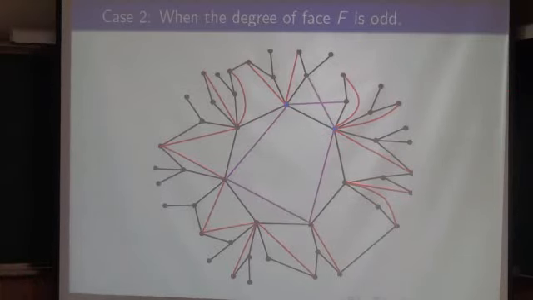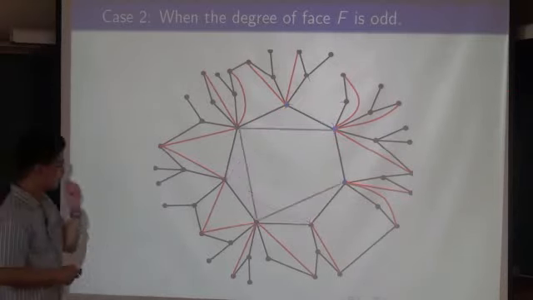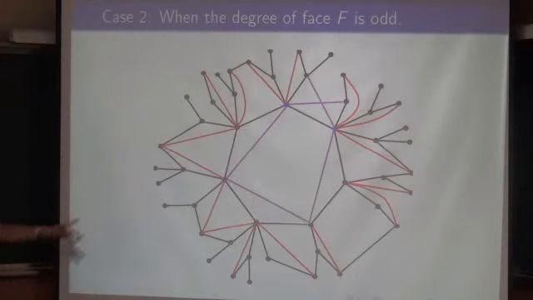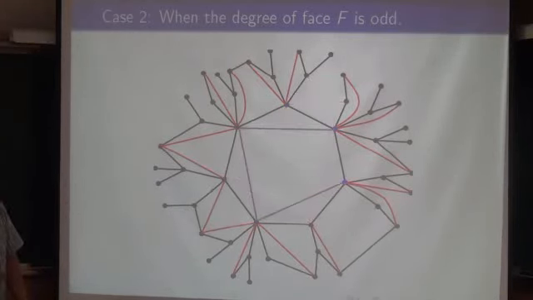Then we change the shape of red edges inside of F like this. From here, like this. So we rotate the red edges inside of F. Then now we can draw the red edge of this vertex here.